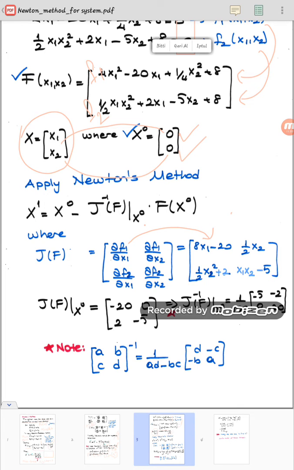What about f2? The second row will be filled in the matrix formalization to obtain the Jacobian matrix.